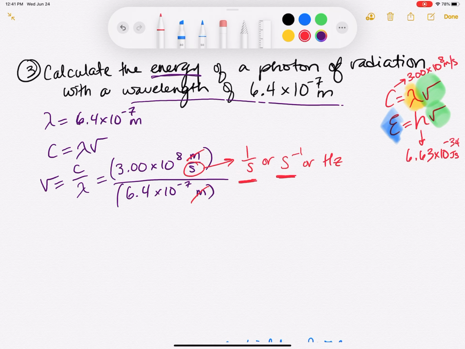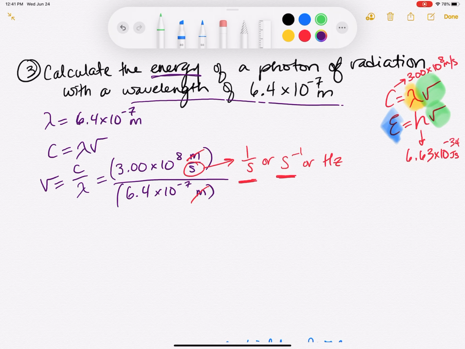And so if I go to my calculator and I plug this in, I want to make sure that I leave my calculation answer alone. So in my calculator, I just want to remember to do parentheses anytime that I'm dealing with scientific notation. Otherwise, it's going to do an entirely different calculation for me. So remember to always put in your parentheses before and after the scientific notation.